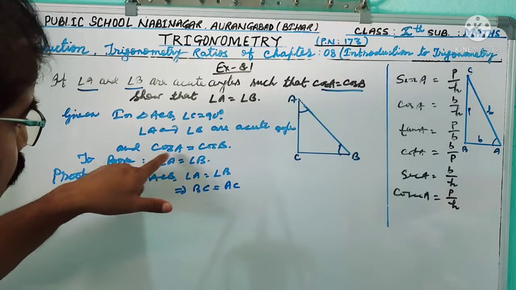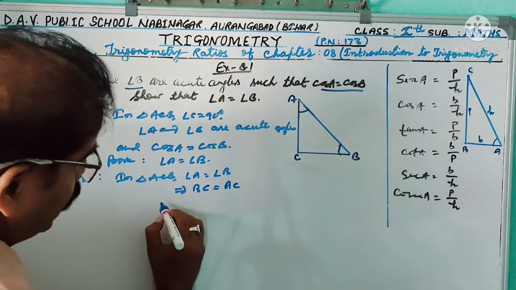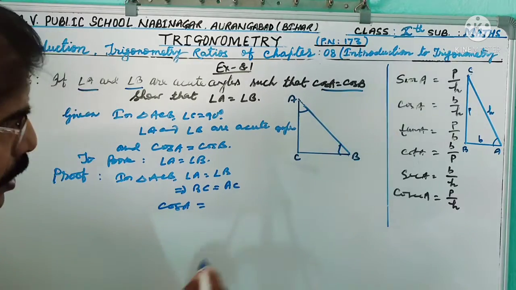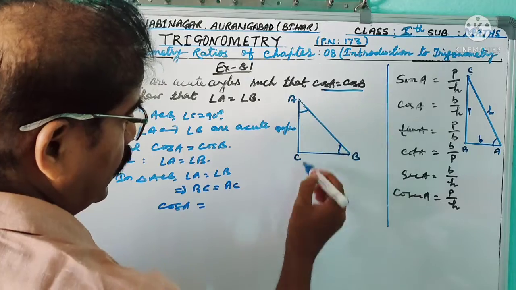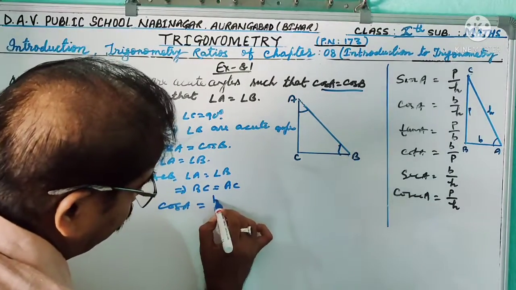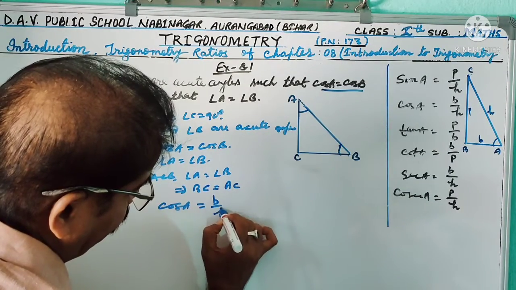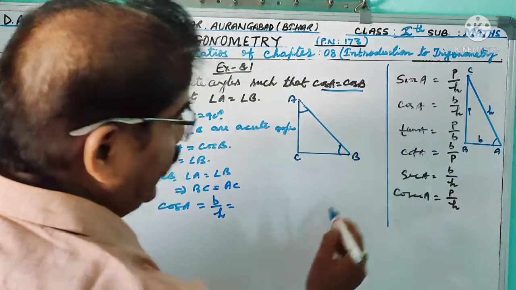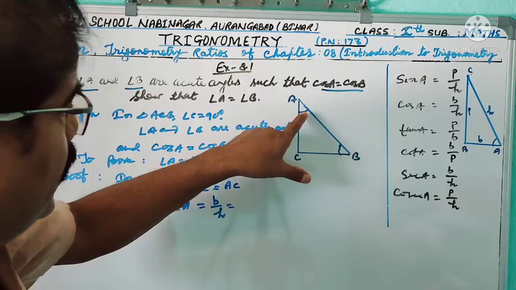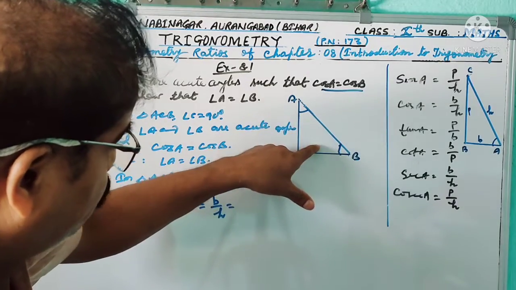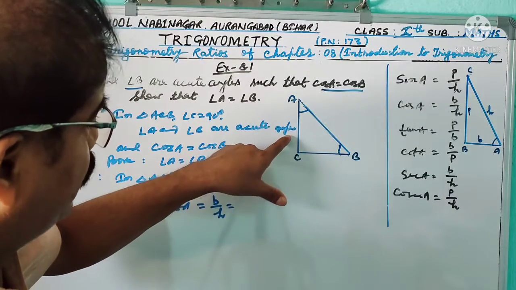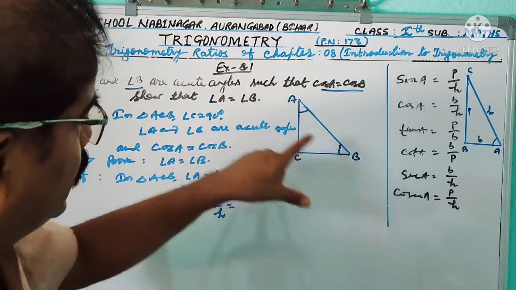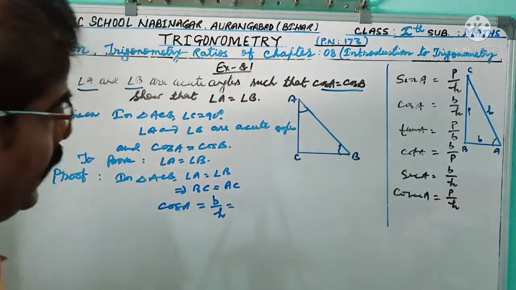And also cos A equal to cos B. So cos A equal to B by H. So here cos A, this is perpendicular and this is base. So cos A equal to base by hypotenuse. That means AC by AB.